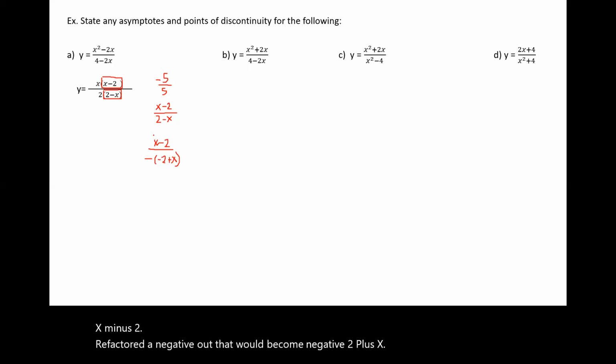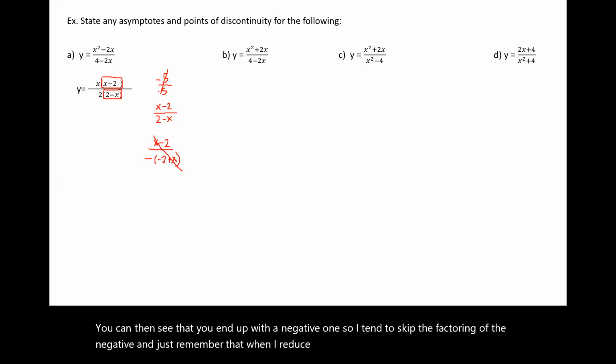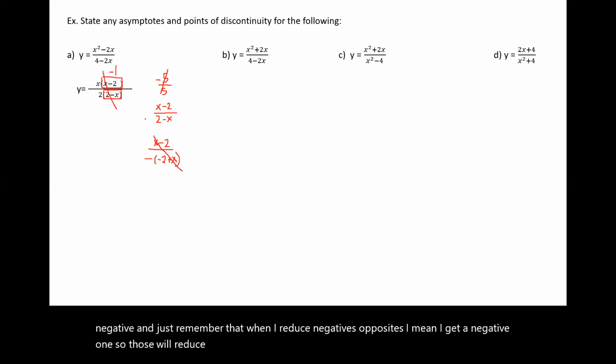You can then see that you end up with a negative 1. So I tend to skip the factoring of the negative and just remember that when I reduce opposites, I get a negative 1. So those will reduce and give me a negative 1. So y is negative x over 2.